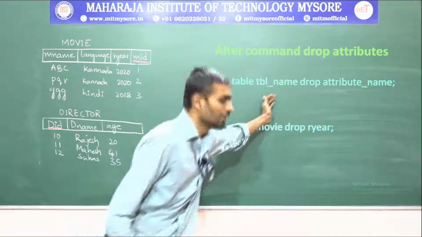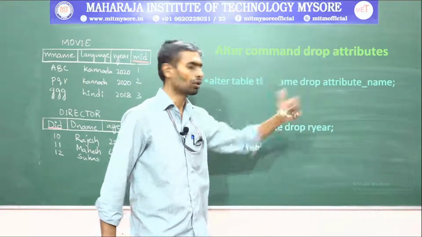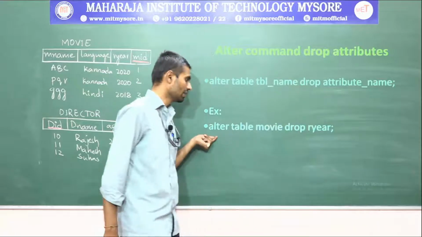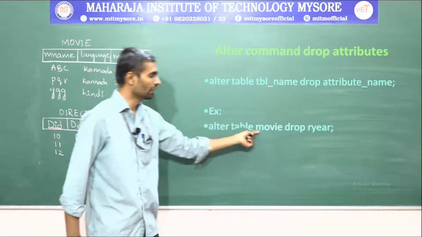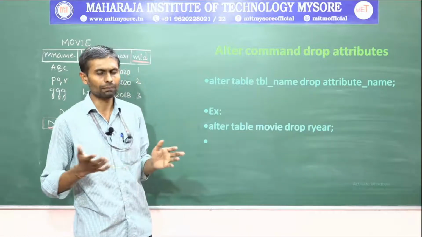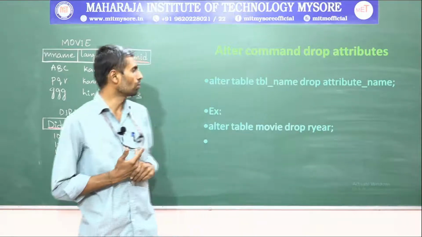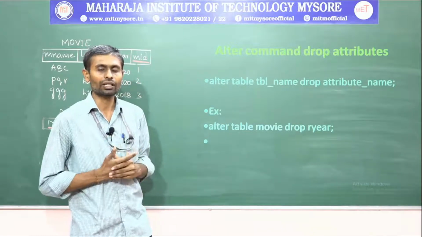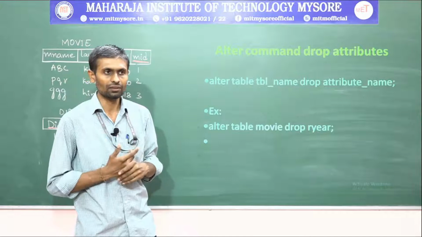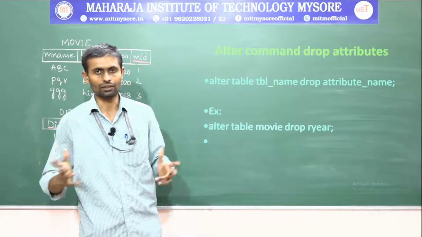Alter table, table name, then the keyword drop, then the attribute name, right? One such example: alter table movie drop release year. Anything you want, you can drop, it might belong to any data type, right? Especially when we want to drop an attribute like a key attribute, special care must be taken, because that is taking care of the whole table's values, right?